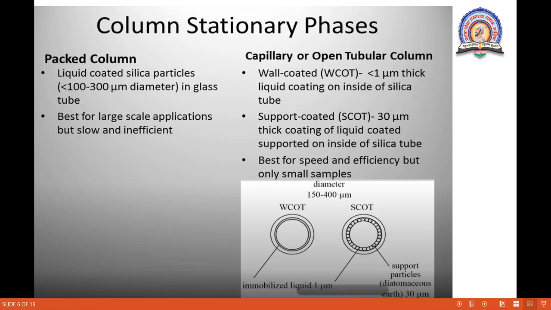While the capillary or open tubular column has two types that we have already discussed in the previous lecture: wall coated and support coated capillary column.